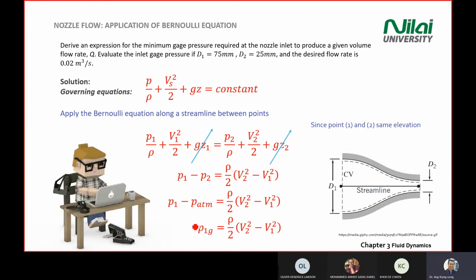So this is the equation that we intend to find. We want to find the gauge pressure equation. So P1 gauge equals rho divided by 2 times the square of your velocity. Okay, in the exam, if you're asked to find the gauge pressure, you can write P1 gauge, G-A-G-E. You can write the full one. Anyway, by the way you write, we can understand what you're writing.